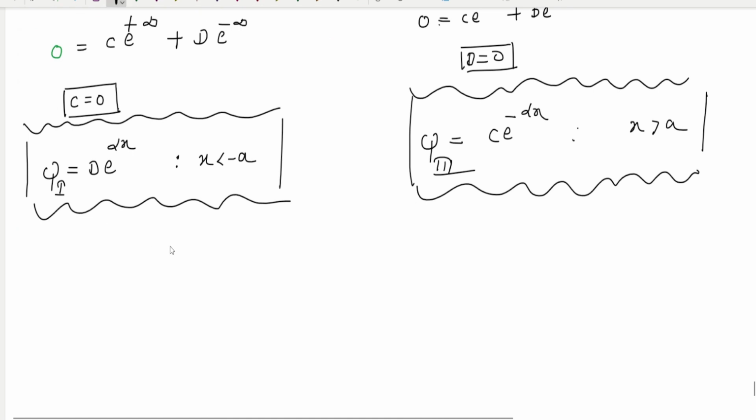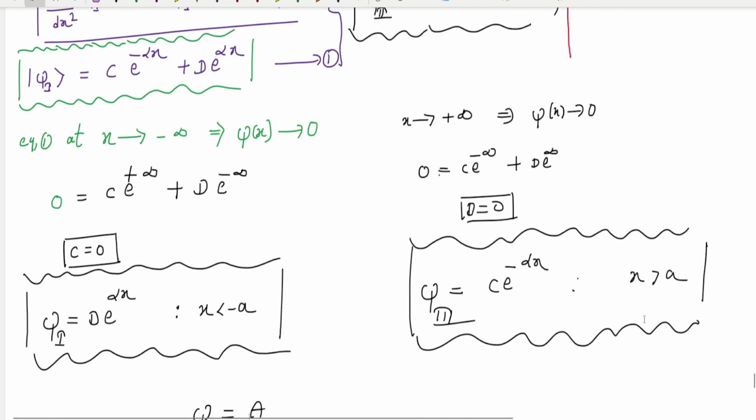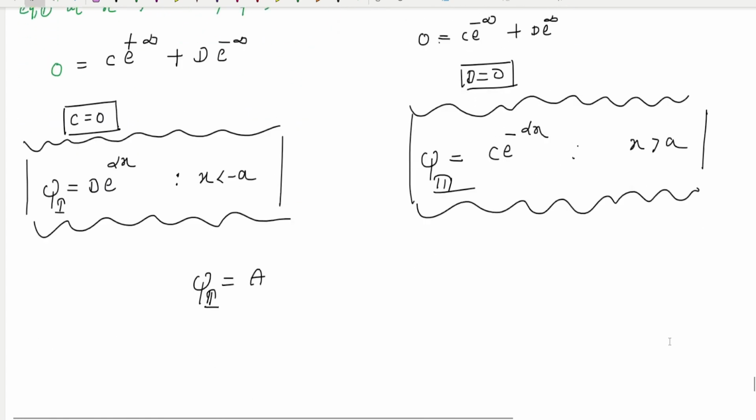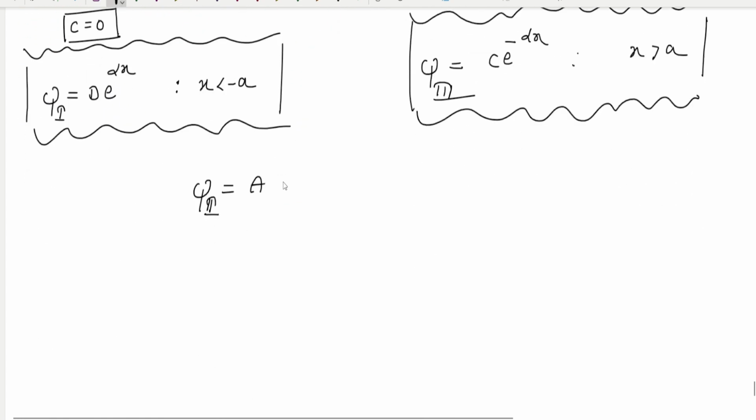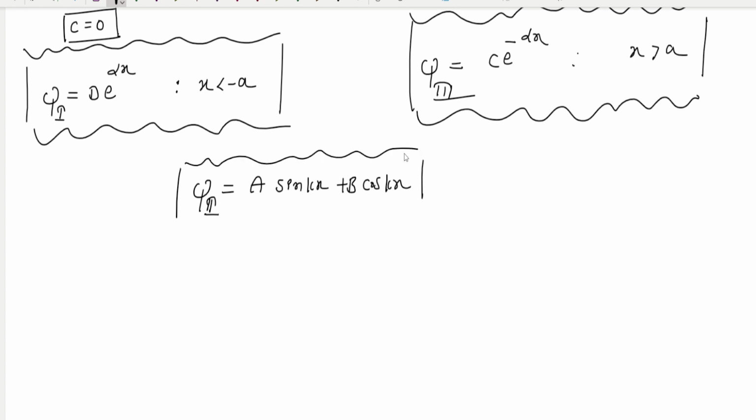I know now all three solutions. In region 2, the solution I also know. We already got the solution: a sin kx plus b cos kx. Okay, we got all three region solutions.